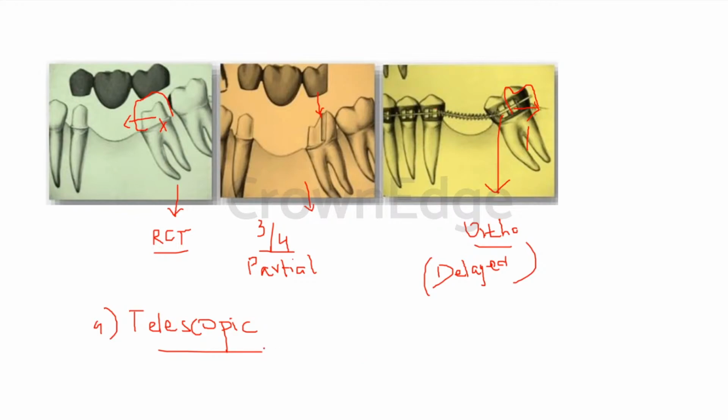These are your options. Whenever you are asked a question, or from a clinical point of view you want to know what to do for a tooth which has gone into the edentulous space, where there is no space remaining, all these four are your options. You can do RCT, a partial veneer, a delayed orthodontic treatment, or a telescopic crown.